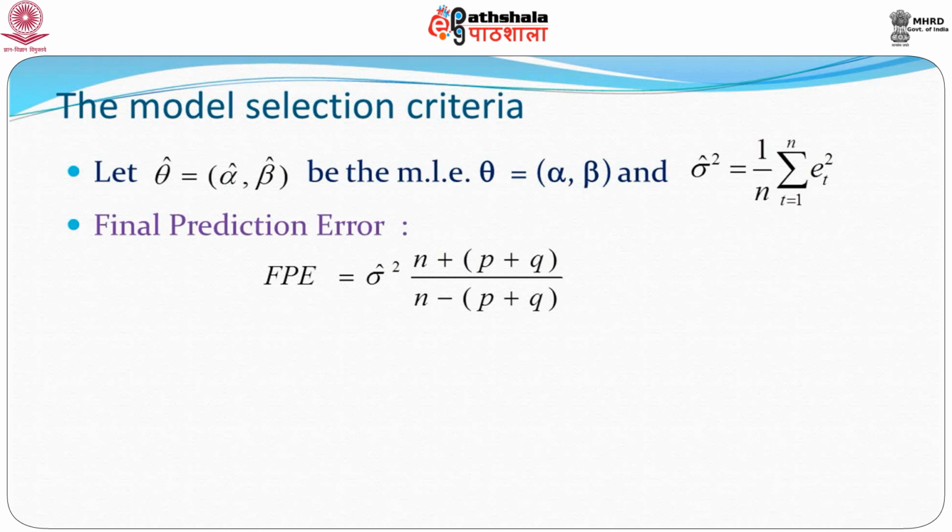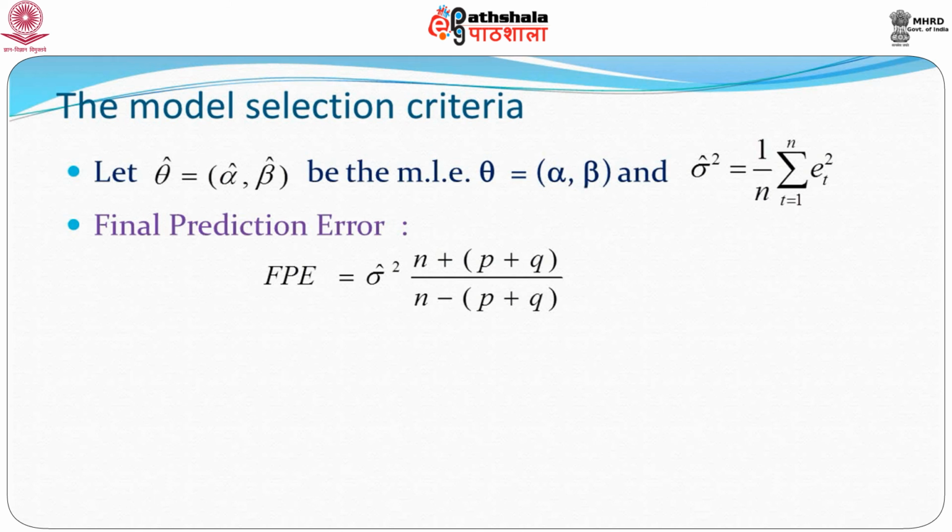So, there is a trade off. Sigma hat square is going to be smaller and smaller the larger p plus q is, and the second term is going to be larger and larger as p plus q increases. So, we need to choose a model which minimizes the final prediction error. There would be a trade off and there would be a single minimum where we can actually look at.